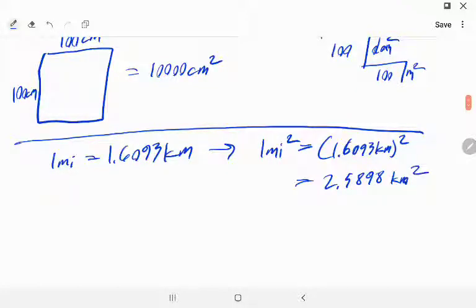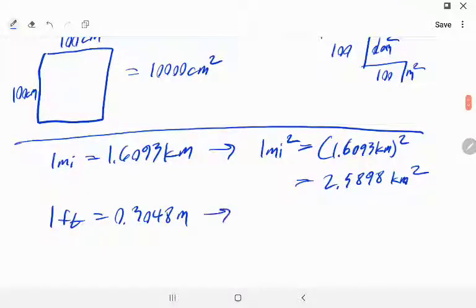And then we know that 1 foot is 0.3048 meters.